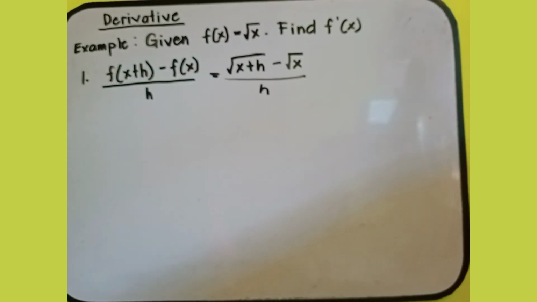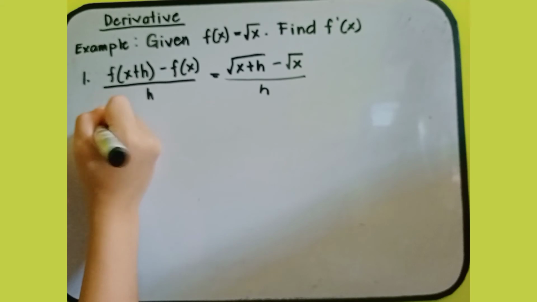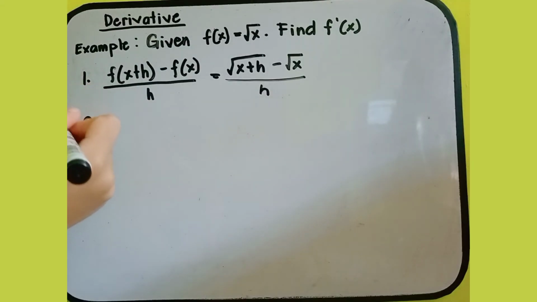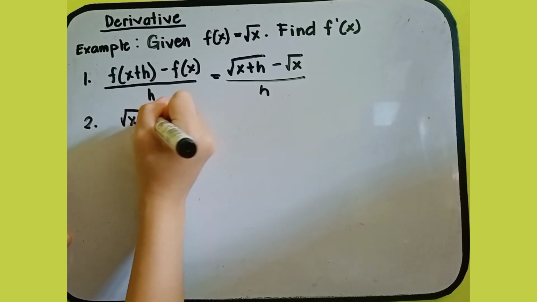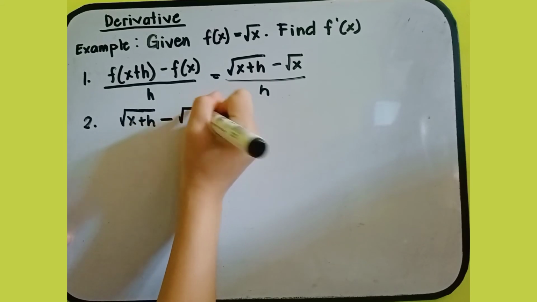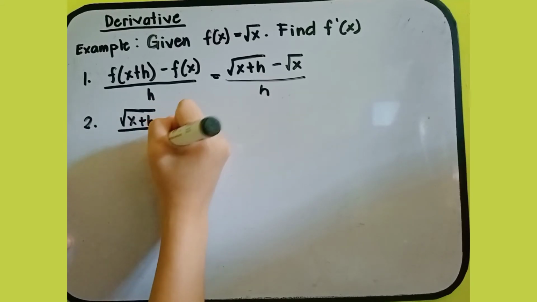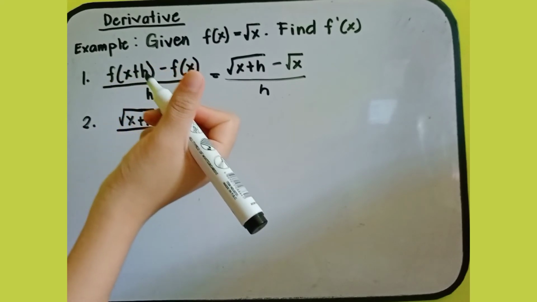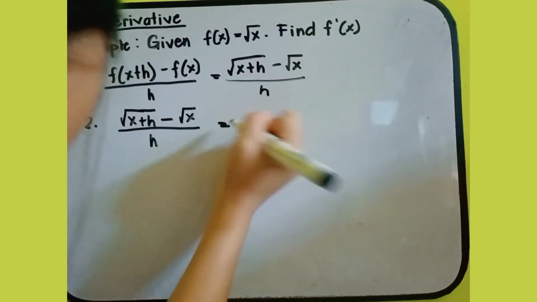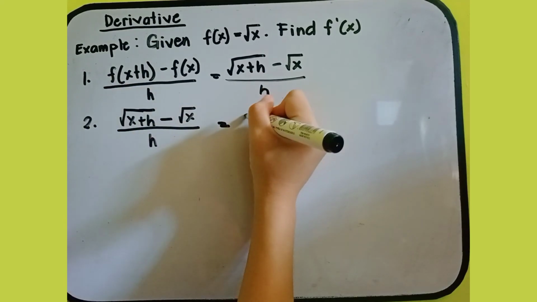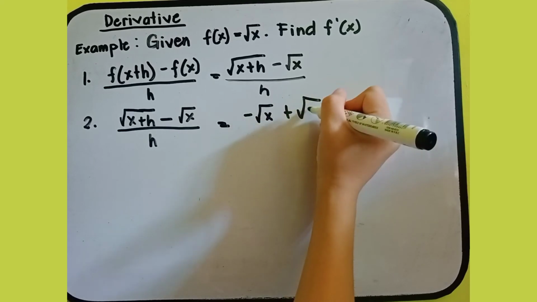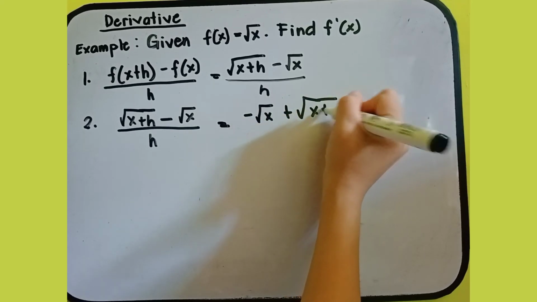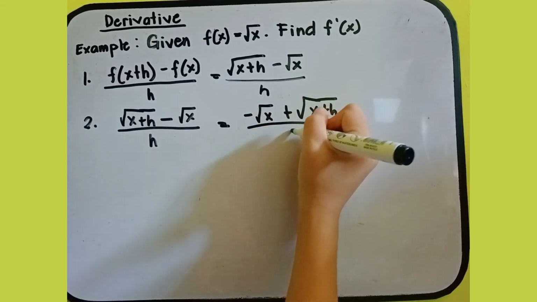Then we simplify our difference quotient. Our difference quotient is square root of x plus h minus square root of x over h, which is now equal to negative square root of x plus square root of x plus h, over h.